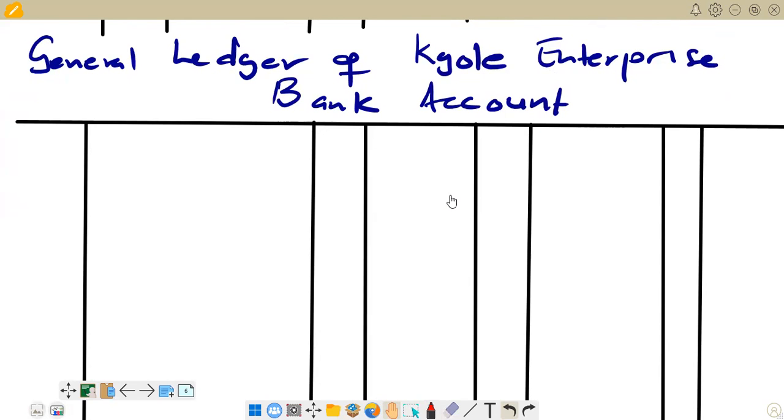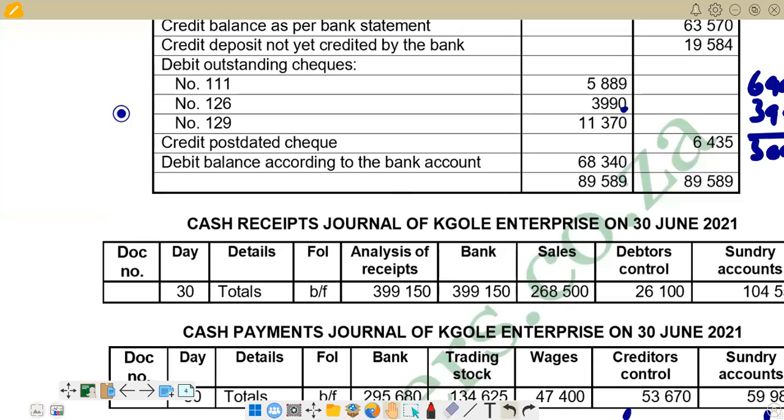In our bank account, obviously, we are also supposed to have our balance brought down. That is our beginning balance. So we can go back to check what balance we have. The balance that we're going to start with in the bank account, we find it in the bank reconciliation of the previous month. Debit balance according to the bank account, 68,340.